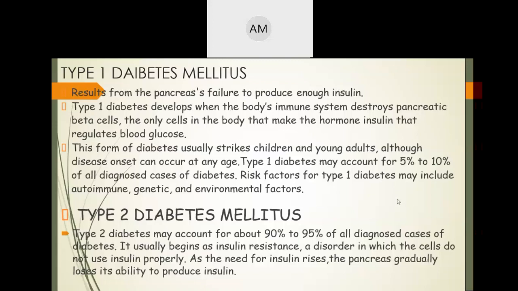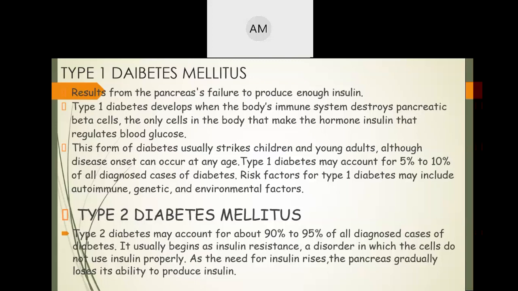Although the disease onset can occur at any age, because the reason for the autoimmune disorder is not known, the body's immune system can destroy the pancreatic cells at any age.